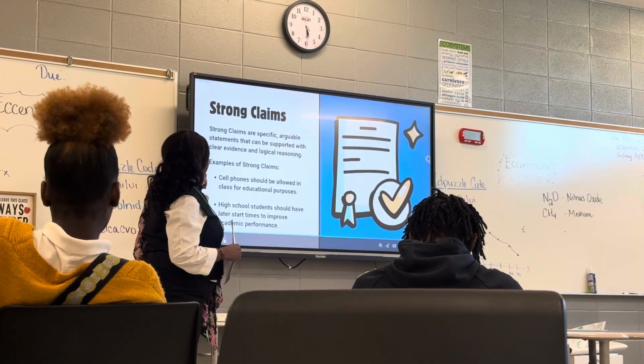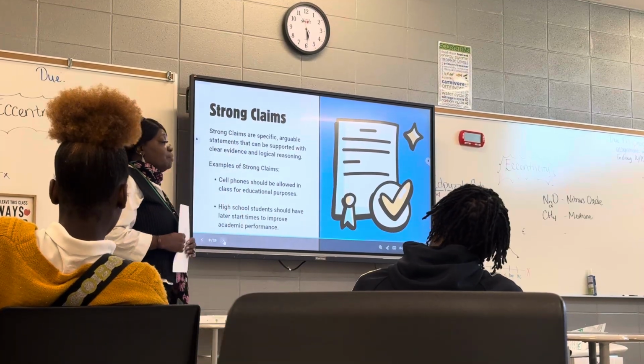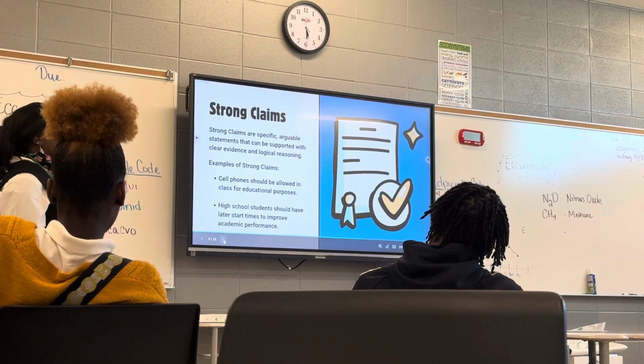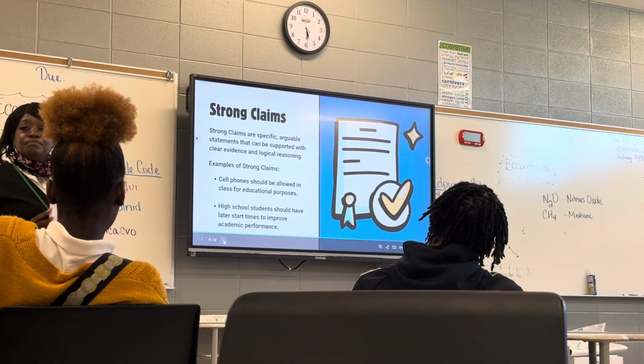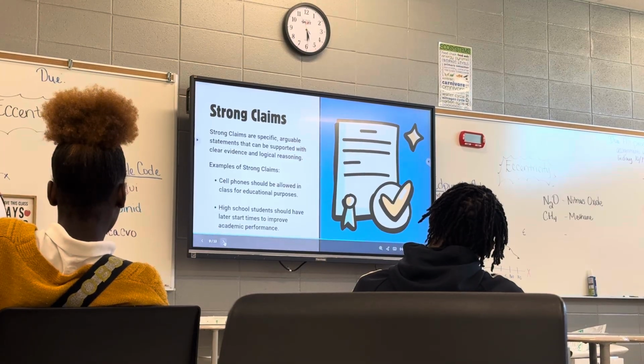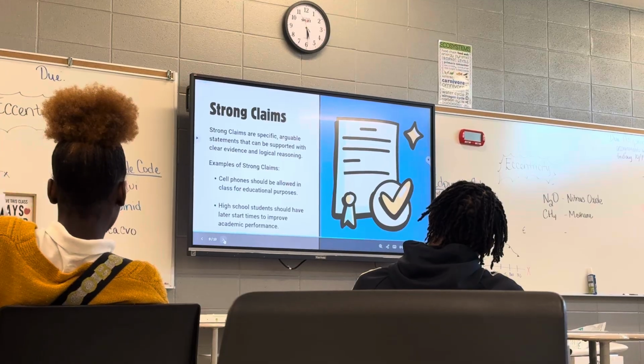So if you were looking at a strong claim, which one would be a strong claim? If you were writing, which one would be a strong claim? Cell phone. Tell me why. Because you could need them in case of an emergency, and the school system doesn't have it.